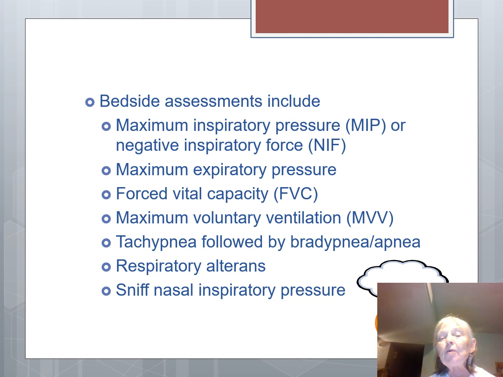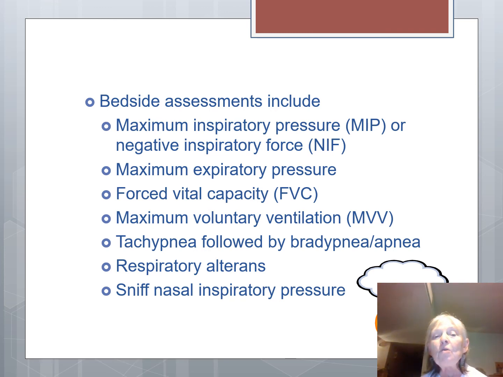Maximum expiratory pressure is right around 40 centimeters of water pressure. If you're having problems with that, that's another one that we could also look at. Forced vital capacity. Remember, this is where you take that great big deep breath, blow out as hard and fast as you can, and then we measure that for you. A normal forced vital capacity is 65 to 75 mLs per kilo.